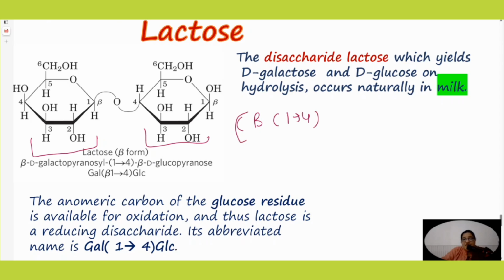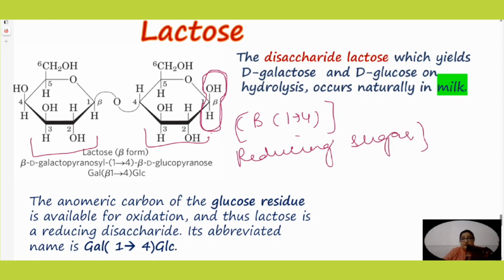In the structure of lactose, you can see that there is a free aldehyde group present at the anomeric carbon atom of the glucose residue, which is available for oxidation. So it is a reducing sugar.